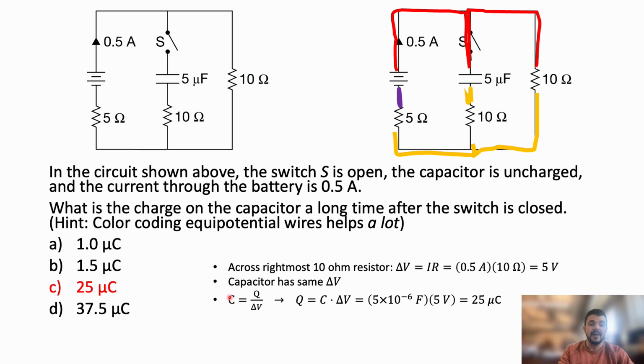Using the definition of capacitance and rearranging it to solve for charge, 5 times 10 to the minus 6 farads times 5 volts gets you a 25 microcoulomb charge on one of the plates of the capacitor a long time after the switch has been closed. So the key idea when these have been closed for a long time is that the capacitor branch blocks current, and you can usually use another parallel branch to help you figure out the delta V across the capacitor if you do the color coding to help you out. So that's the key idea there.